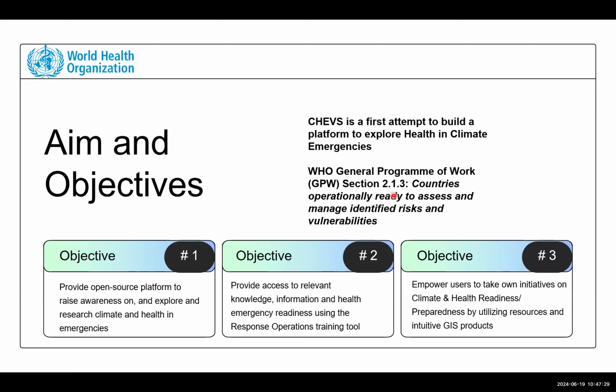And the second objective, again, to provide access to knowledge, information, and health emergency readiness using the readiness operation training tool. Lastly, objective 3 was to use this platform to inform preparedness through the production of GIS products, as you saw. So all those products would be included into this platform based on the countries that would have supported them.